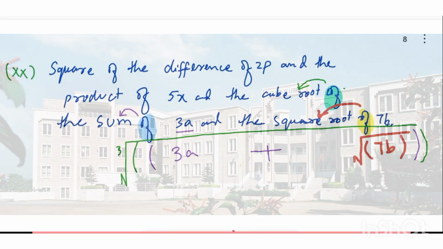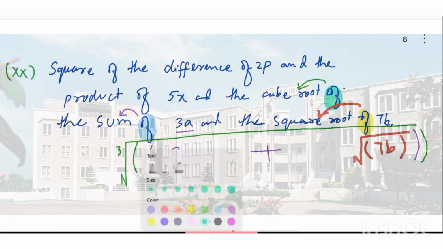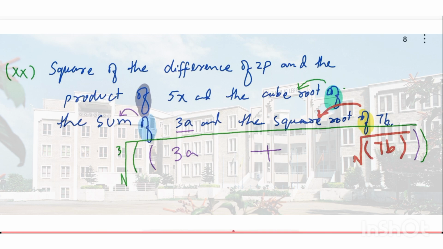Now the next statement is this, which is of this "of". So we'll be putting this "of" here. We are putting "of", which is here, bracket until the end of this statement.